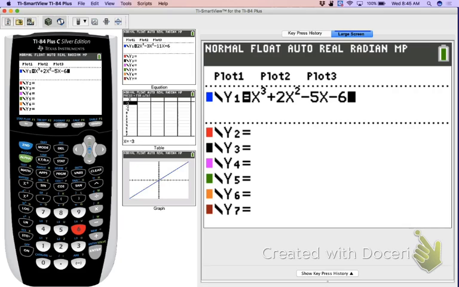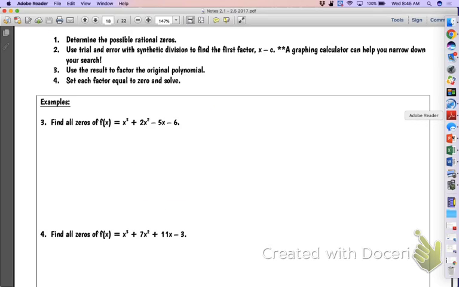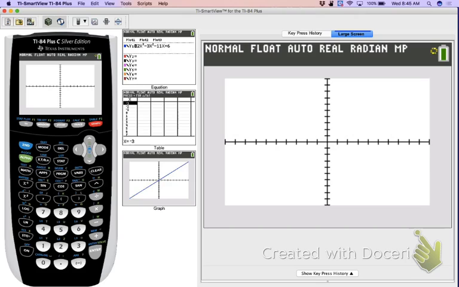Did I type it in right? I believe so. Let's make sure everything's typed in correctly. I'm good. So go to graph. I would make sure it's in a standard window. You know that the farthest it's going to go is going to be from -6 to +6.